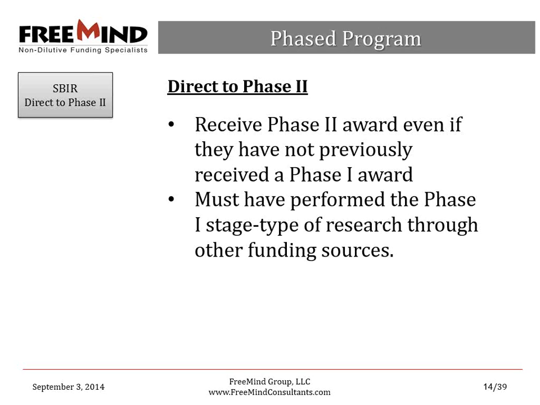The legislative rationale for permitting the direct to Phase 2 award is to allow an SBC that has already completed Phase 1 type R&D to move directly into a Phase 2 type R&D even if they did not perform the work as part of an SBIR Phase 1 project. Note, this direct to Phase 2 opportunity is only available for SBIRs and is not available for STTRs.